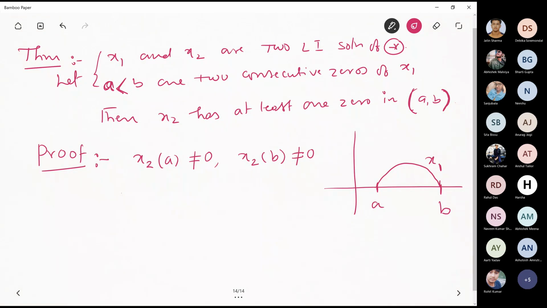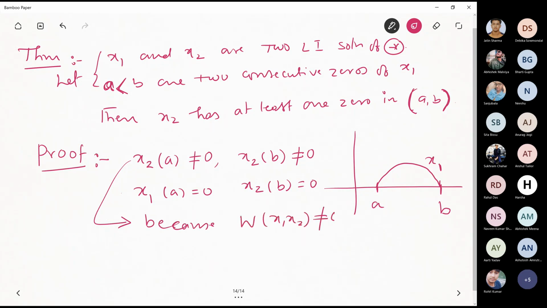We already have x1 at a is zero and x1 at b is zero, and the Wronskian of x1, x2 is non-zero everywhere. Therefore x2 at the point a cannot be zero, and x2 at the point b cannot be zero.